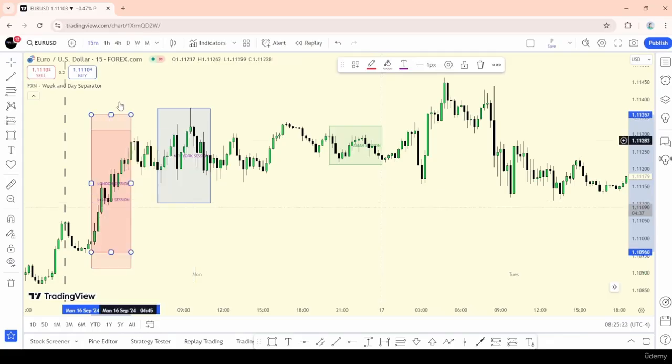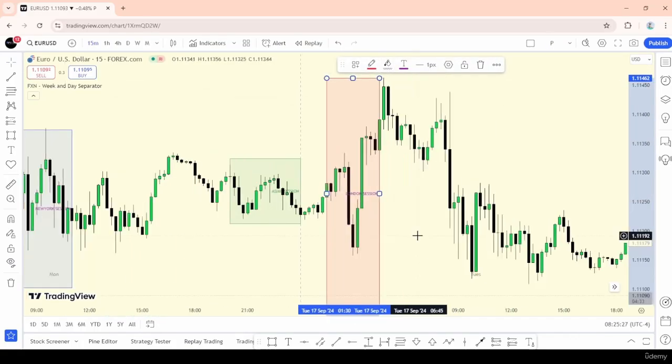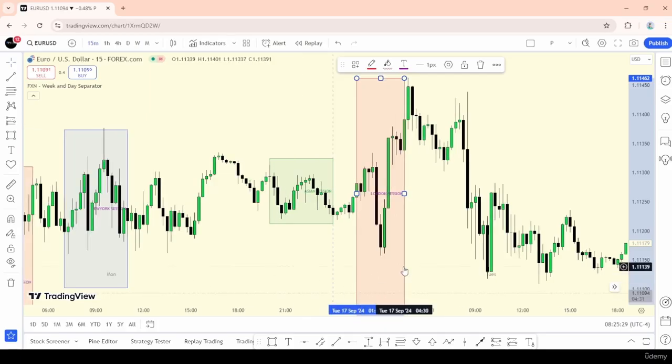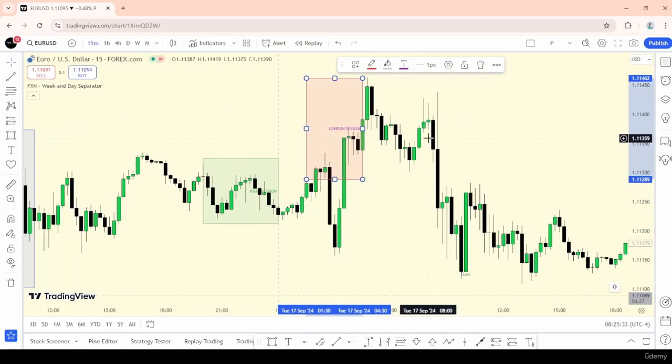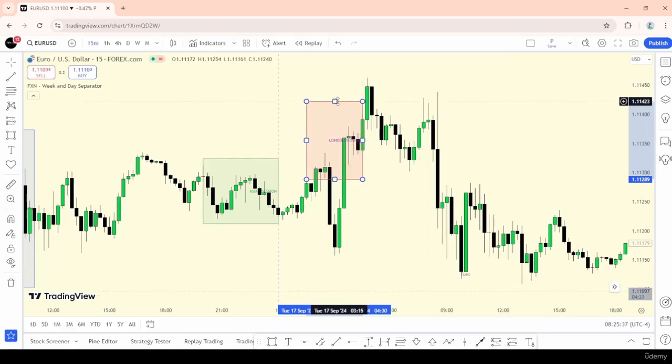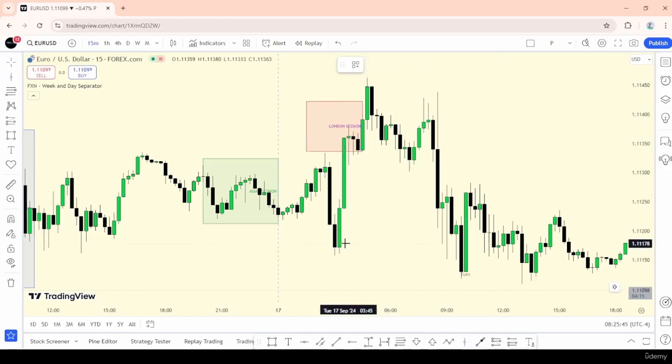So I'll clone the London session so that it may become easier. And you want to do this every single day so that you may be able to know when you're outside the daily range, the daily time zone, so that you may not trade outside the session zone.